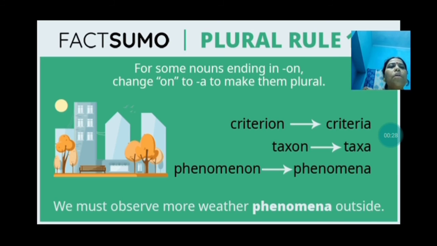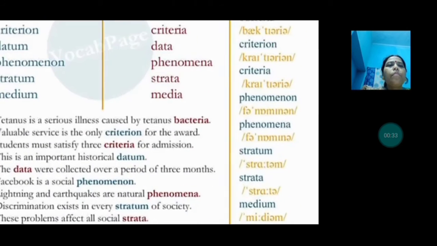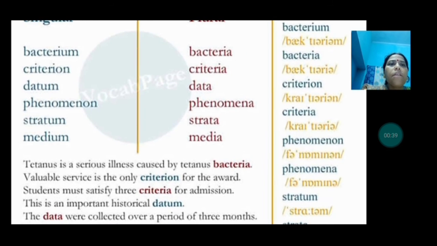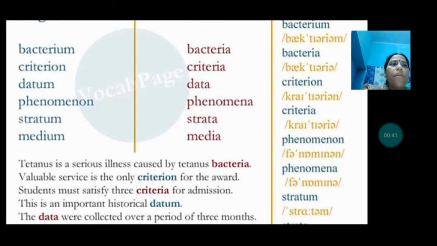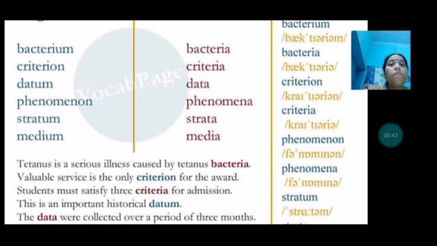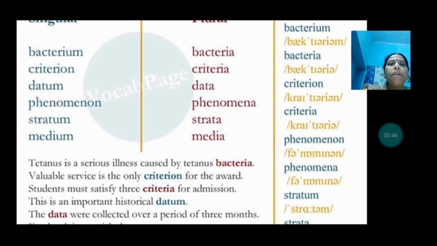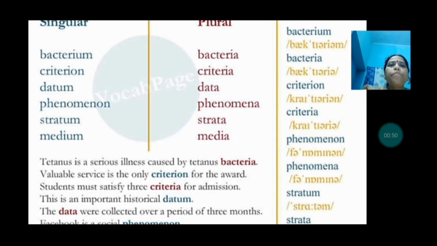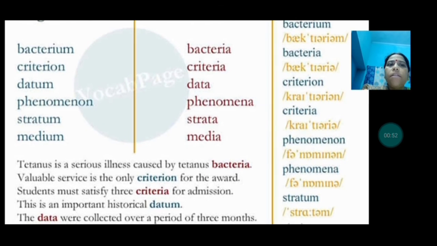So we must observe more weather phenomena outside. Here are more examples like bacterium, bacteria, criterion, criteria, phenomenon, phenomena, stratum, strata, medium, media. So from here we have removed ON or UM and added A.